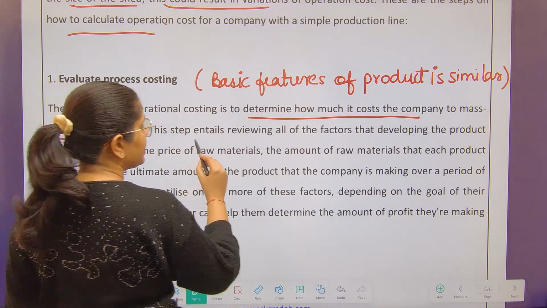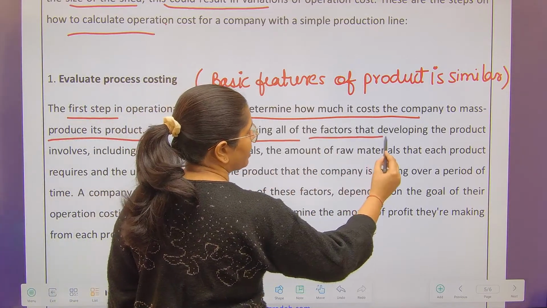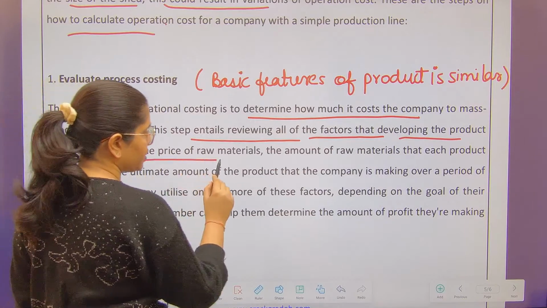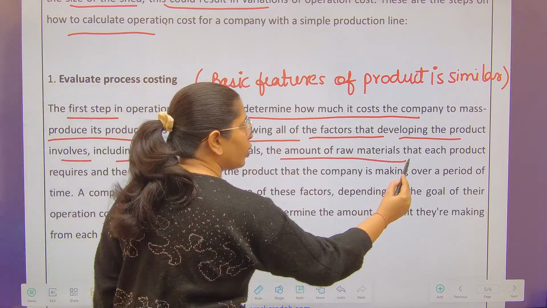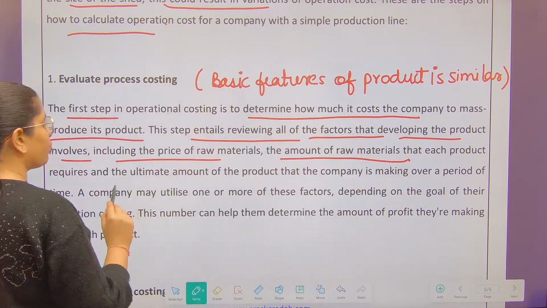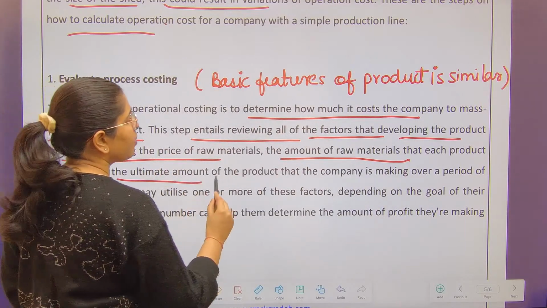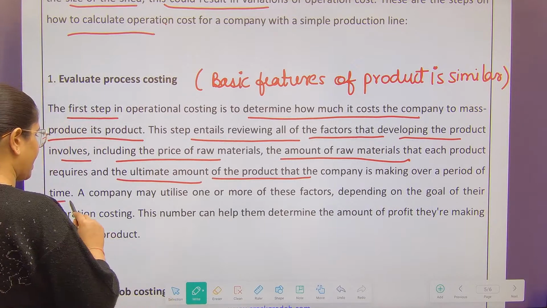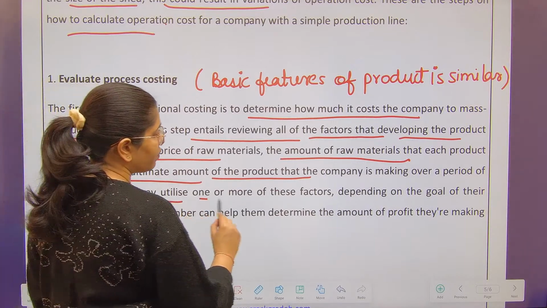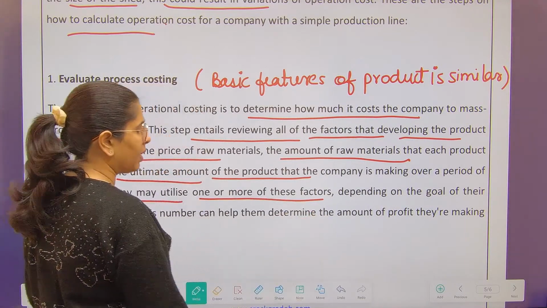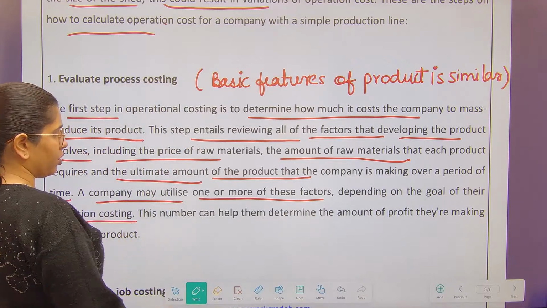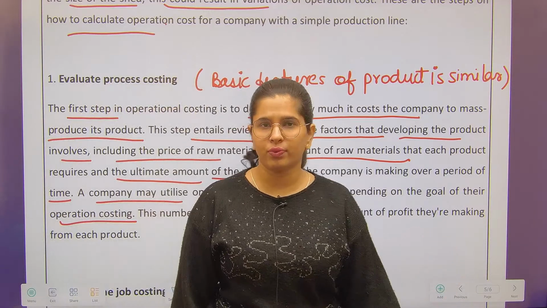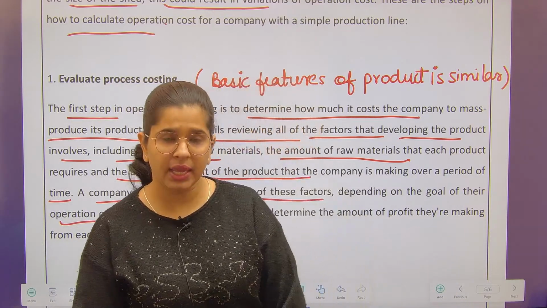This step entails reviewing all the factors that developing the product involves, including the price of raw material, amount of raw material that each product requires, ultimate amount of the product that the company is making over a period of time. A company may utilize one or more of these factors depending on the goal of their operation costing. This number can help them determine the amount of profit that they are making.